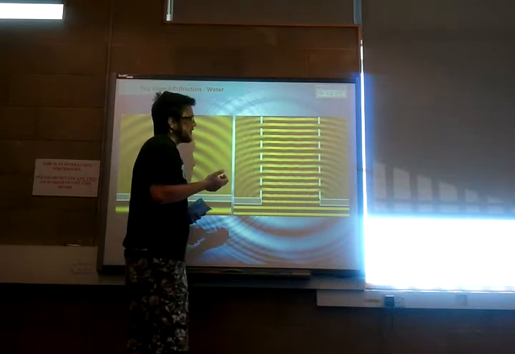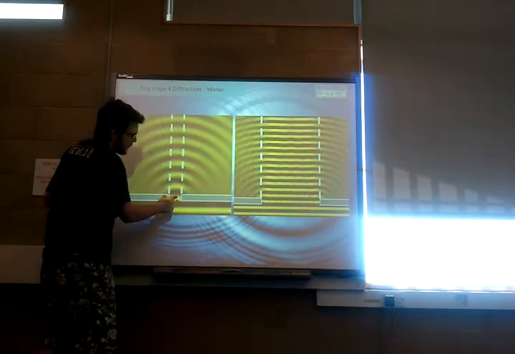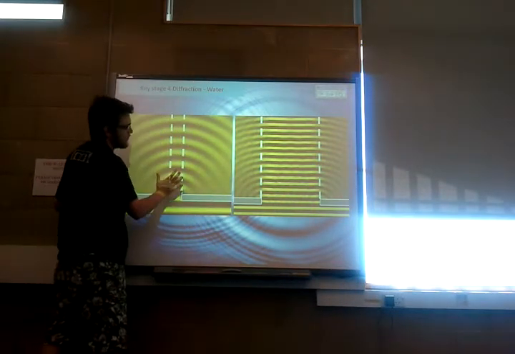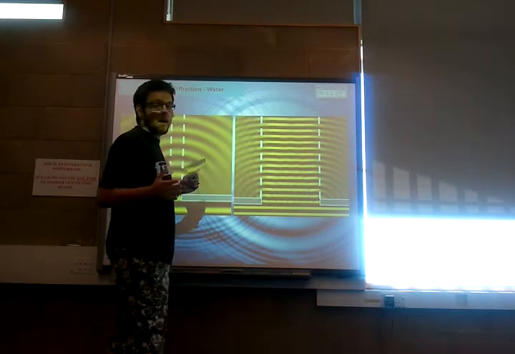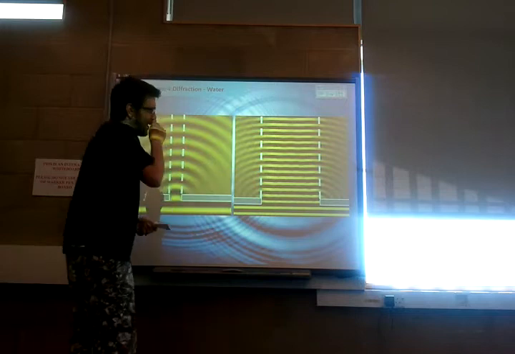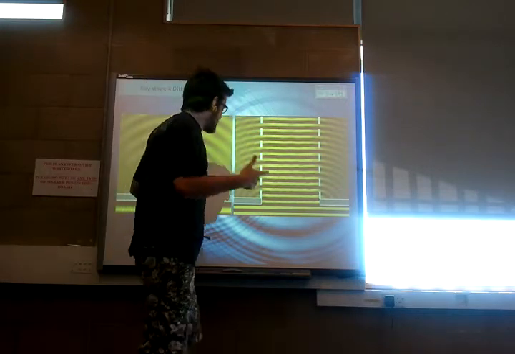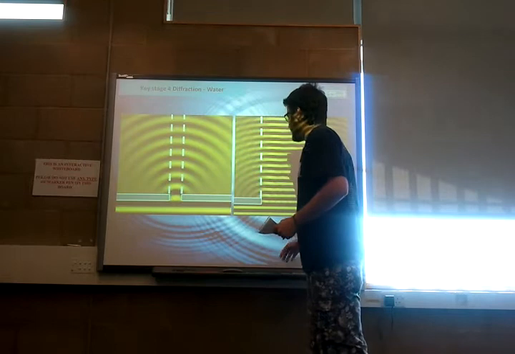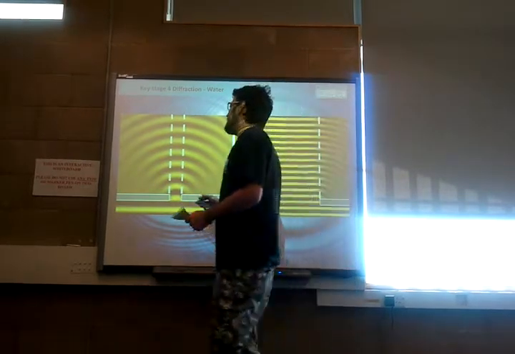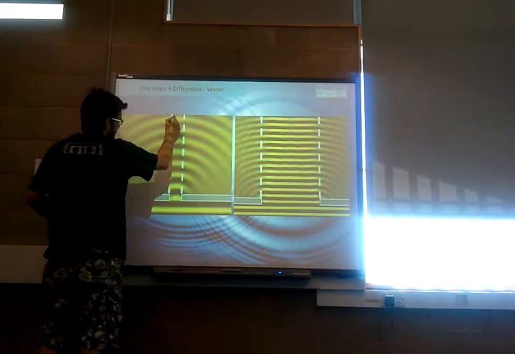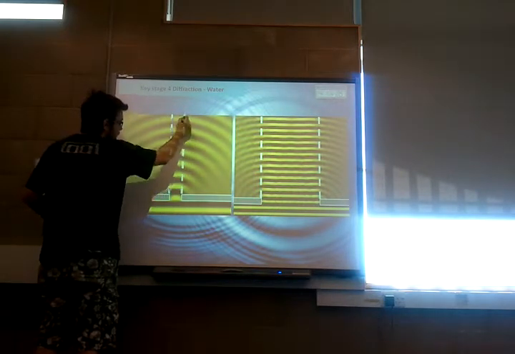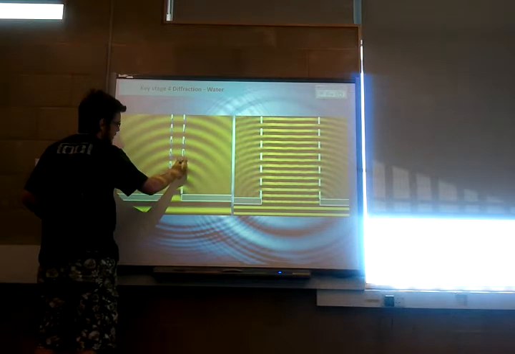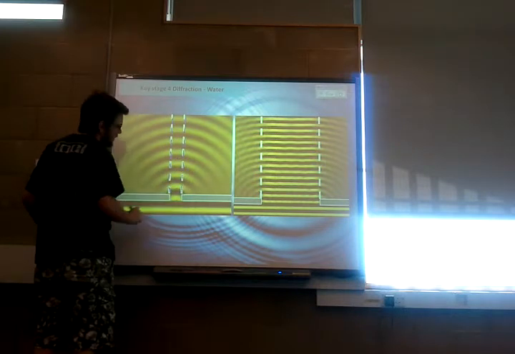So the closer the gap that the wave is trying to get through is to the actual length of the wave, then the greater the diffraction will be. Now I'm pretty sure that sounds fairly confusing, but let me try and explain it. Let's say this dotted line is exactly the length of our water wavelength.